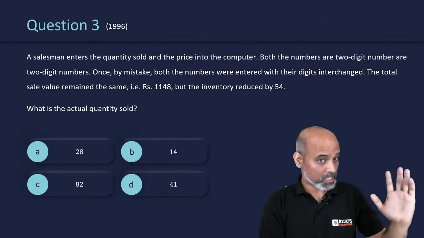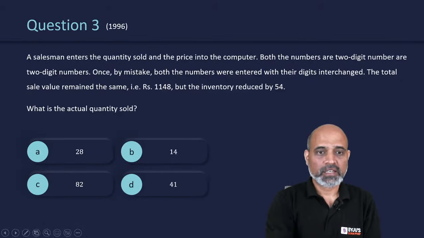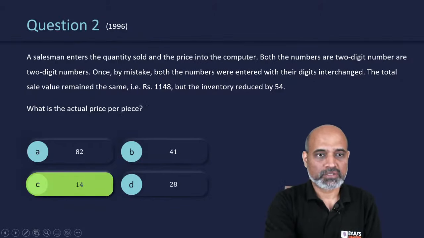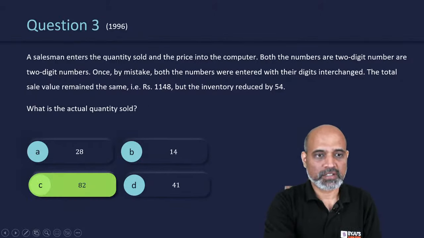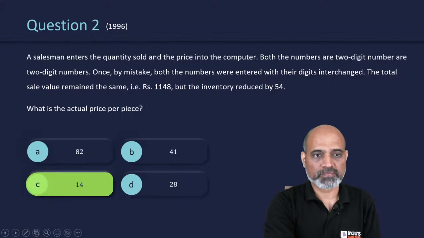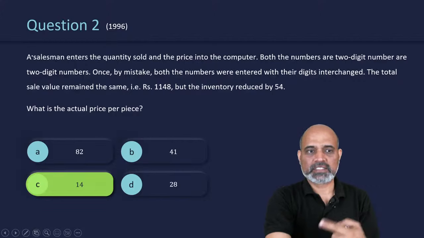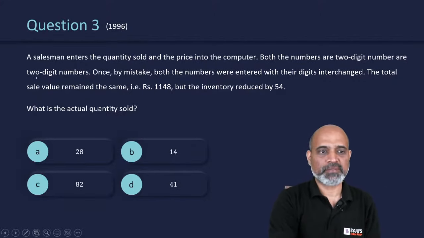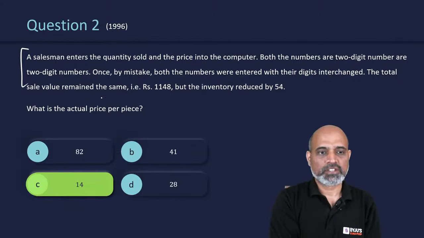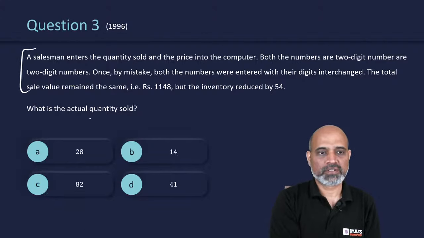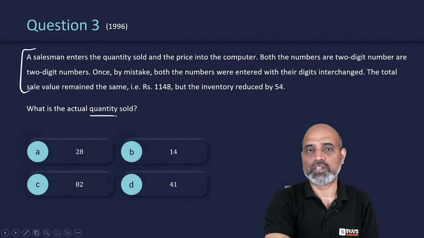Next one. Again, quickly glance. So this is a part of the same question, right? If you look at this, the paragraph is same. The question has changed. What is the actual quantity sold?